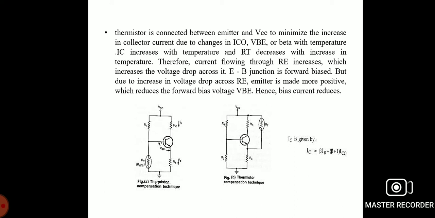Therefore, the current flowing through the emitter resistance increases, which increases the voltage drop across it. The emitter-base junction is forward biased, but due to the increased voltage drop across the emitter resistance, the emitter is made more positive, reducing the forward bias of the base-emitter voltage. So the bias current is reduced. That is the condition of this thermistor compensation technique.